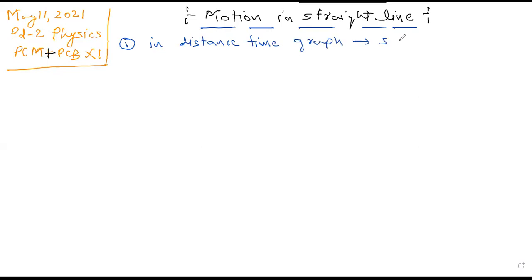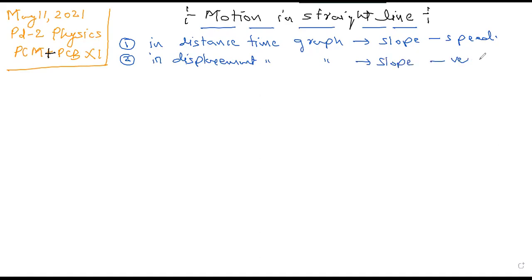Slope gives you speed. In displacement time graph, slope gives you velocity. In these two graphs, the area is not providing anything.